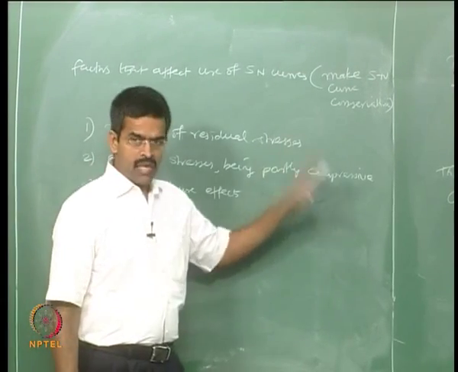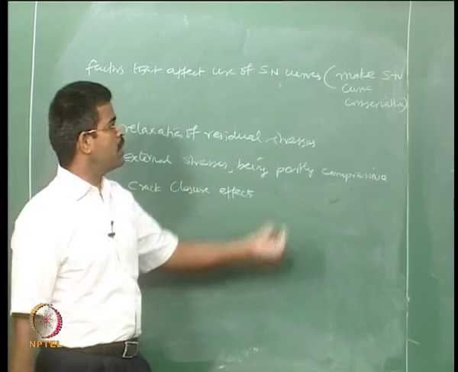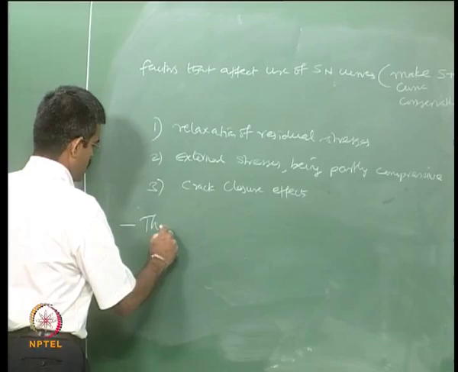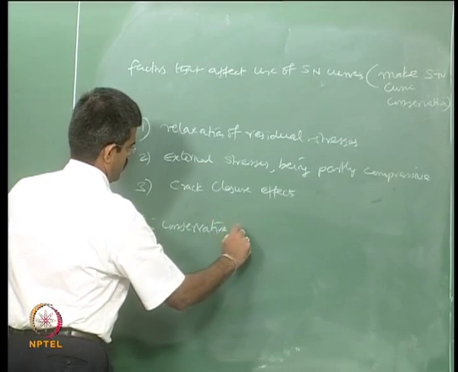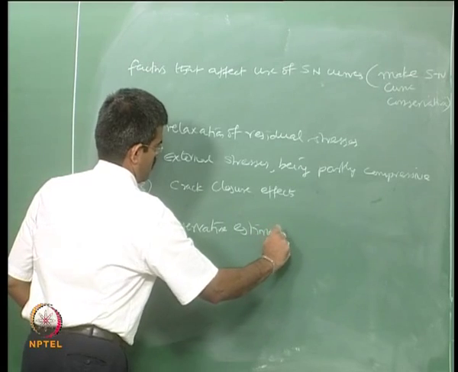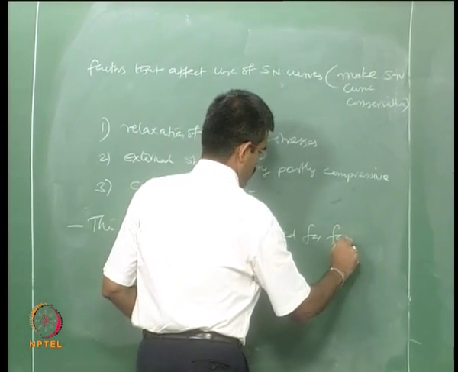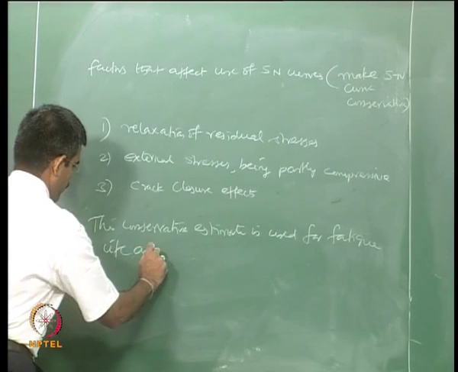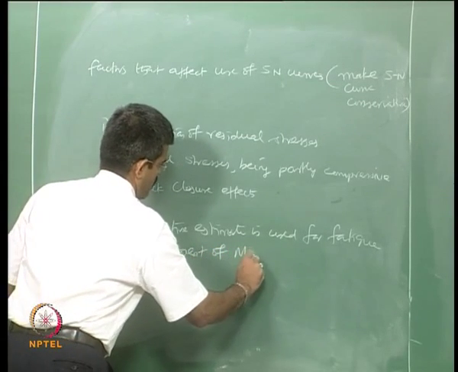Therefore, if you use SN curves to find the fatigue life for a given stress range, how many cycles the structure can withstand, the values you get from the conventional SN curve given in the codes will become a conservative estimate, and therefore this conservative estimate is used for fatigue life assessment of marine structures.